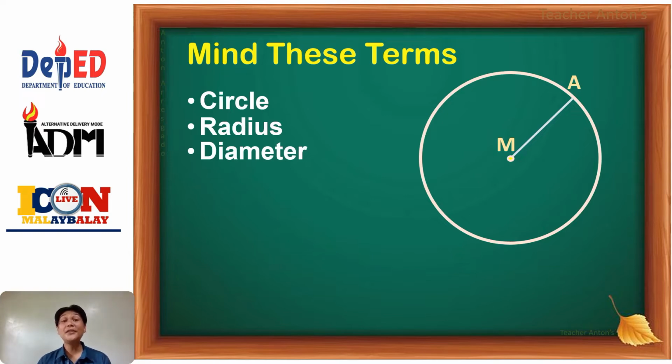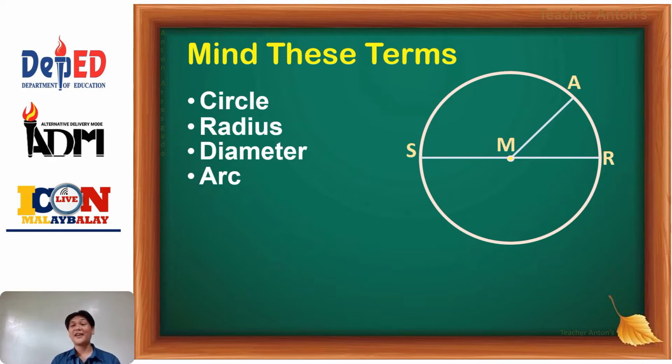Diameter. Take note that the diameter is the longest chord of the circle because its length is equivalent to 2 times the length of the radius. An example of the diameter is this one. A diameter always passes through the center of the circle, and this diameter is the line segment SR. Next is the arc.